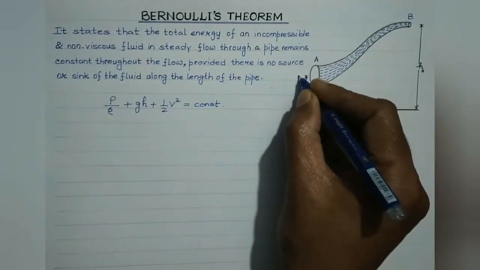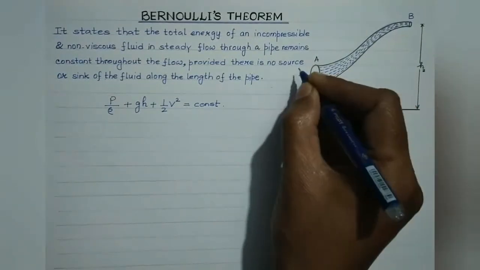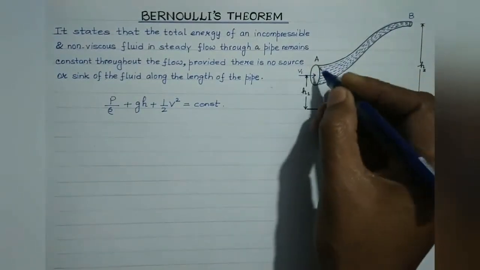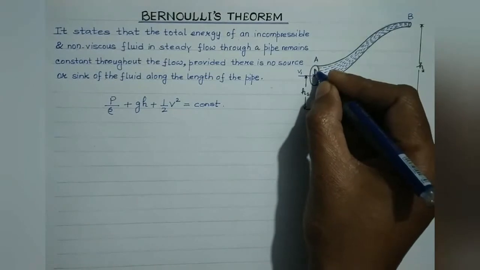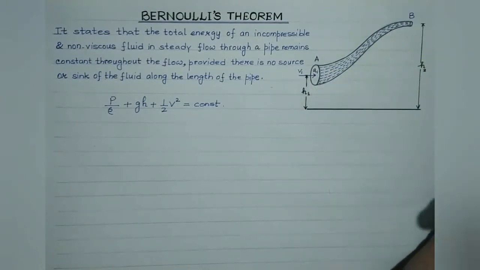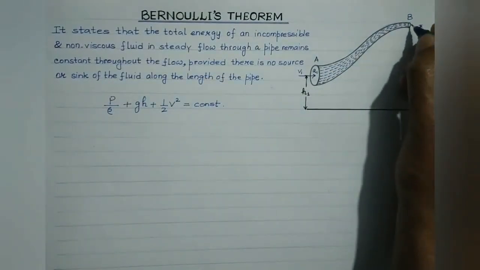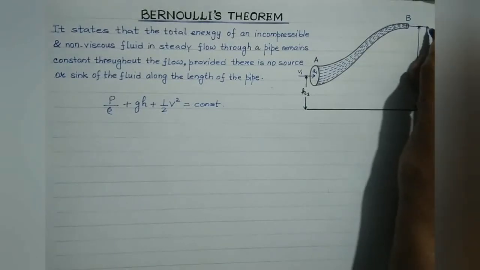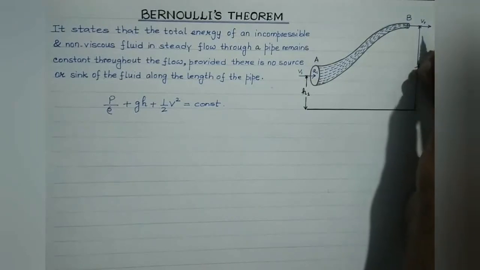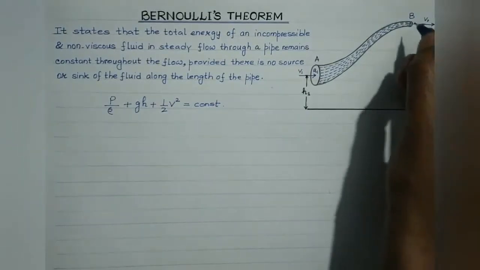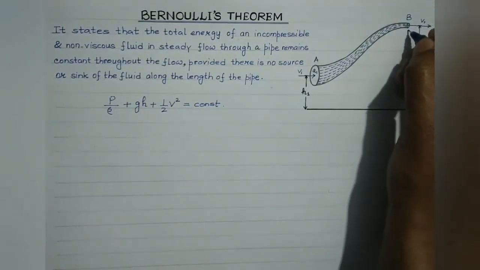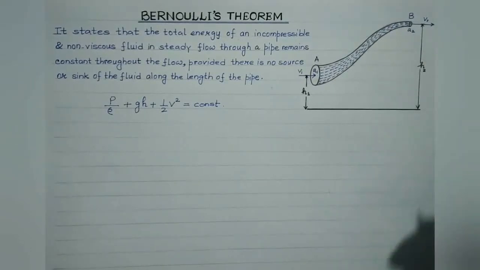Through this end, the liquid enters with velocity v1, and the cross-section area is a1. And through this end, the liquid comes out of the pipe with velocity v2, and the cross-section area of this section is A2.